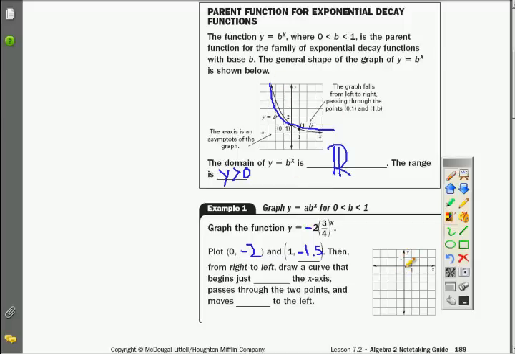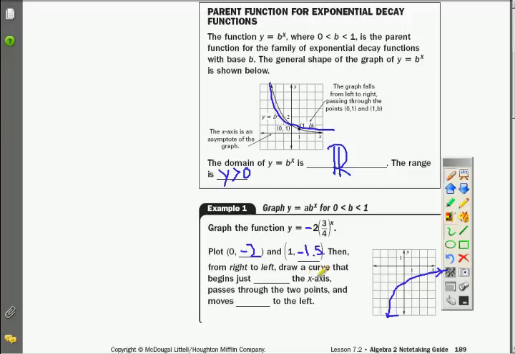And so I graph 0, -2, right there. And I graph 1, -1.5, right there. An exponential decay function that is flipped kind of looks like an exponent, it's going up, it's not going down anymore, but it's because it's flipped upside down.